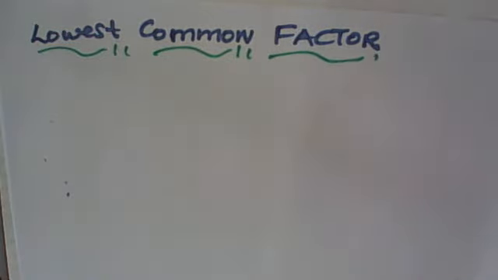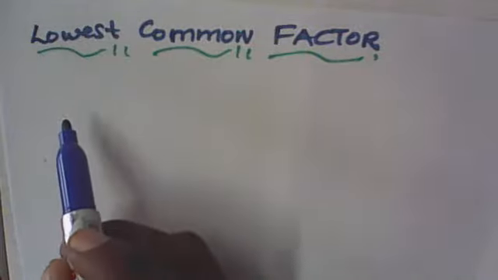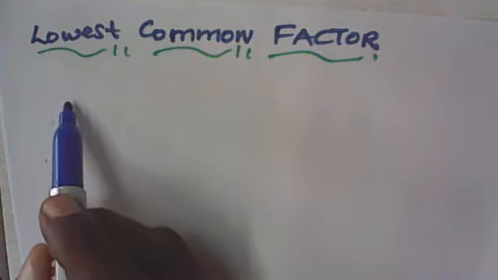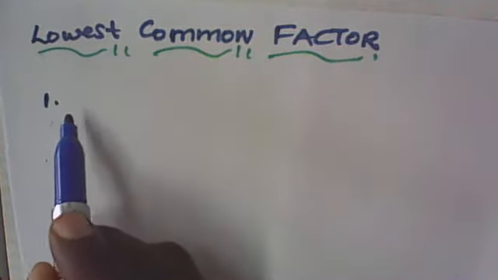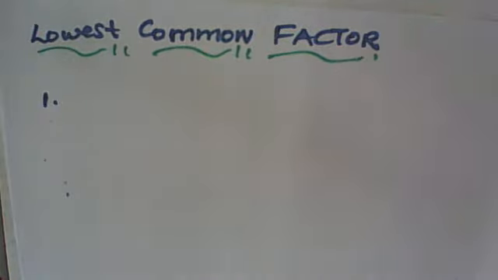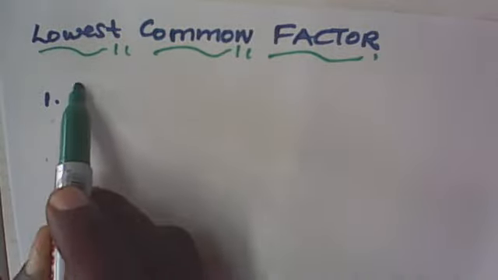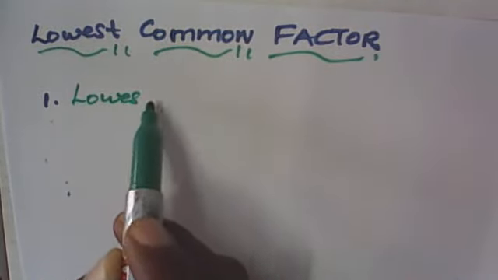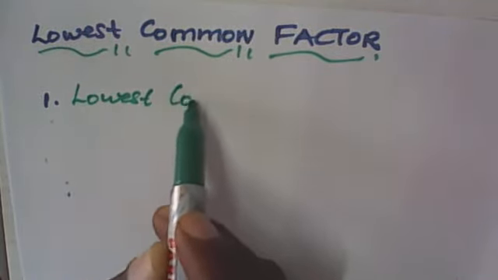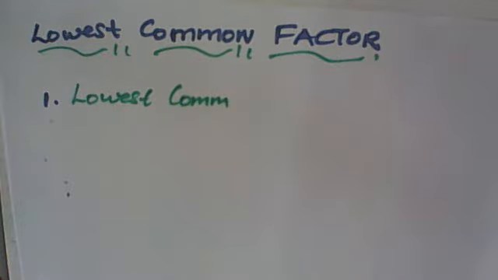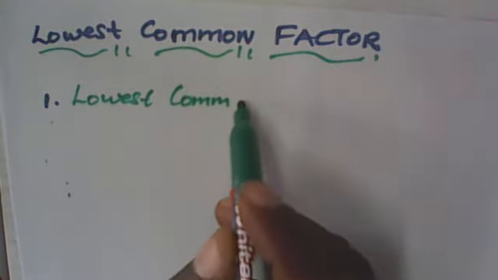Fine. The question says, find the lowest common factor of 50 and 25. That will be 1. Find the lowest common factor or multiple.